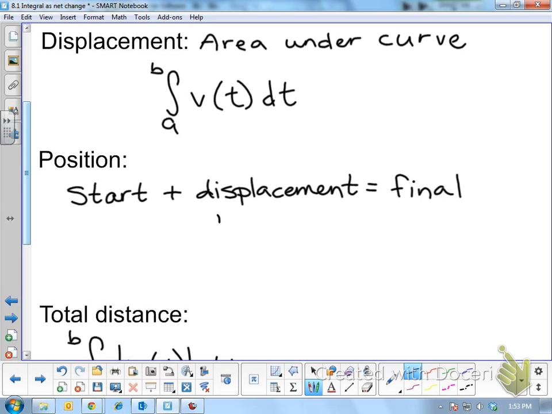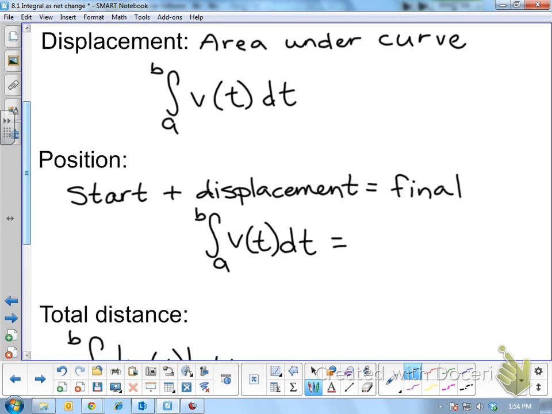We said displacement is the integral from a to b of v of t dt. Well, how would I represent starting position algebraically? What do we usually use to represent position? t or s of t.